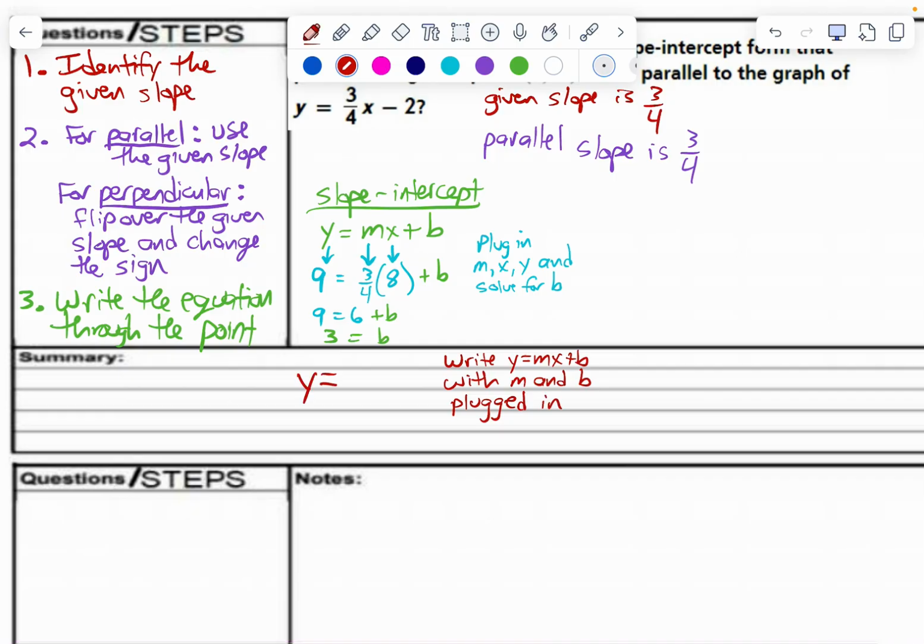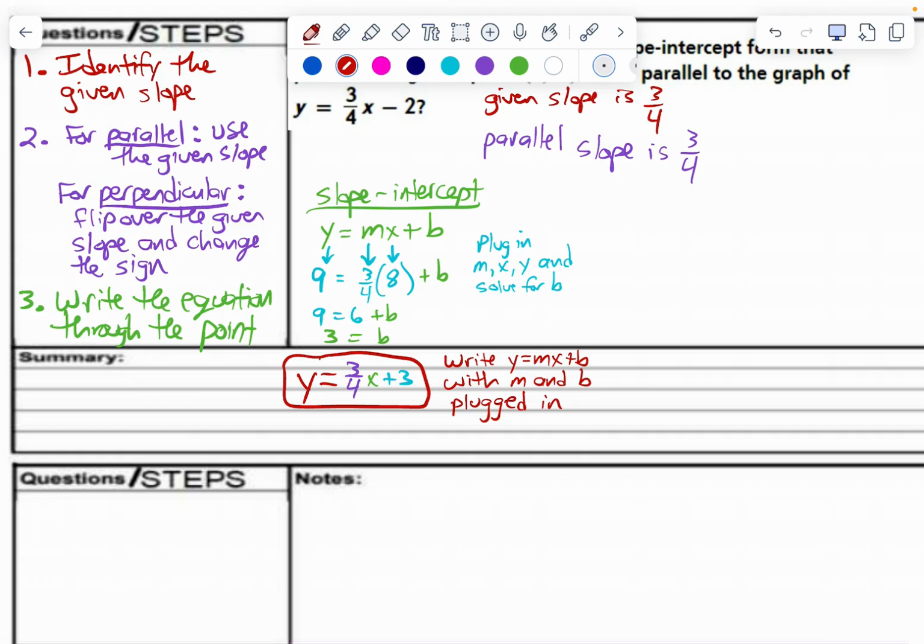So what will our equation look like? 3/4 x plus 3. Awesome. There's our equation that is parallel to the given line, but goes through a different point. How do we know it's parallel? Can you look at those real quick and tell me? Same slope. They're both 3/4, right?